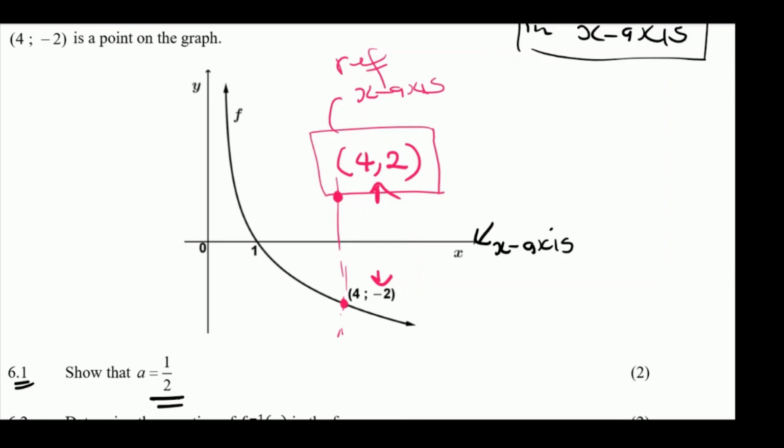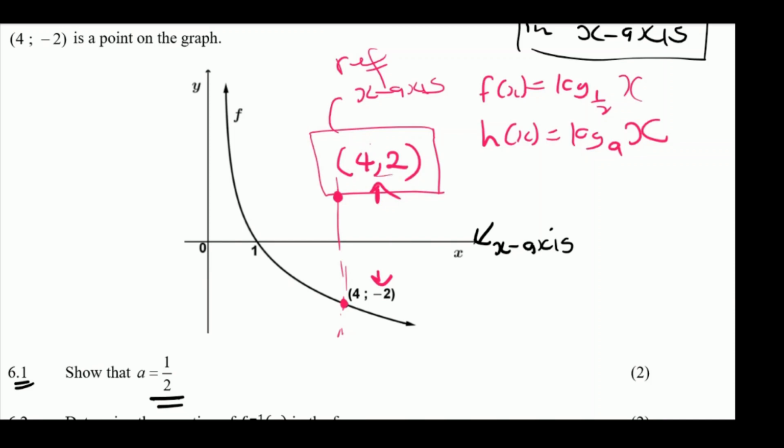So remember that our f of x was equal to log of base 1 over 2 x, right? But now, since we have this reflection, we can simply say our h of x is equal to log of base a of x.